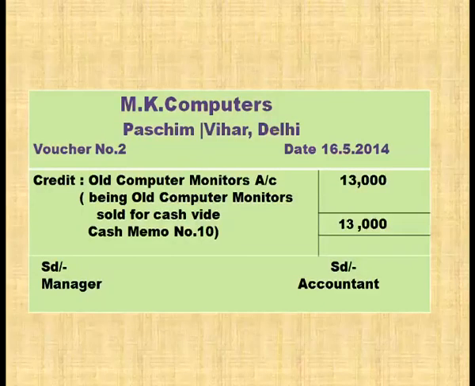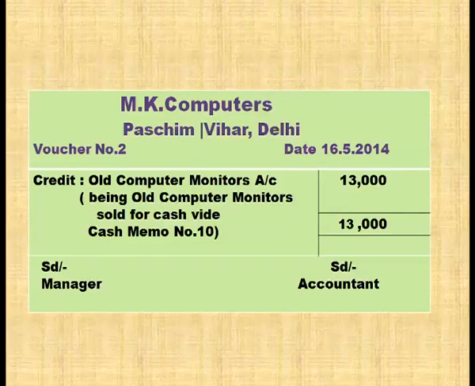Sold old computers, that is another transaction. When computers are sold, cash will come inside the business. So, cash account debit to old computer monitors. Name of the organization MK Computers, Paschim Vihar, Delhi. Voucher number, you have to write, date in the date side, and then in the next line you have to write the name of the account to be credited.